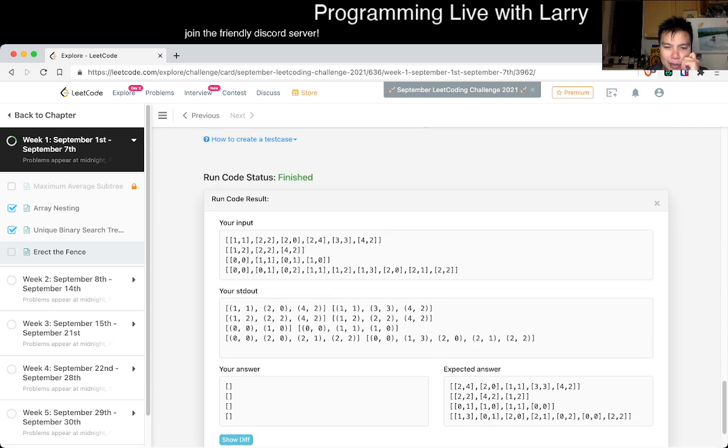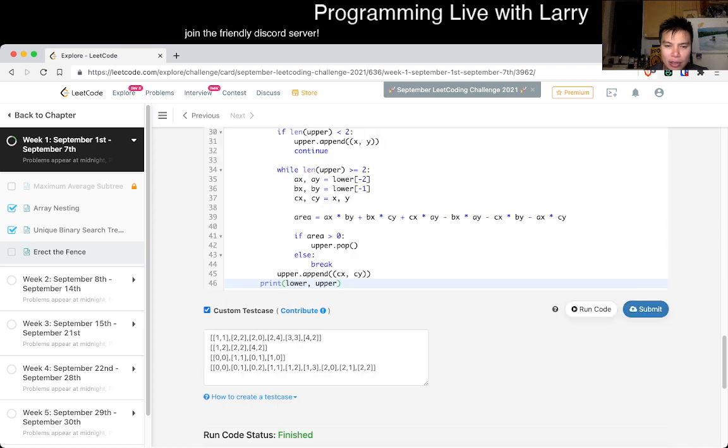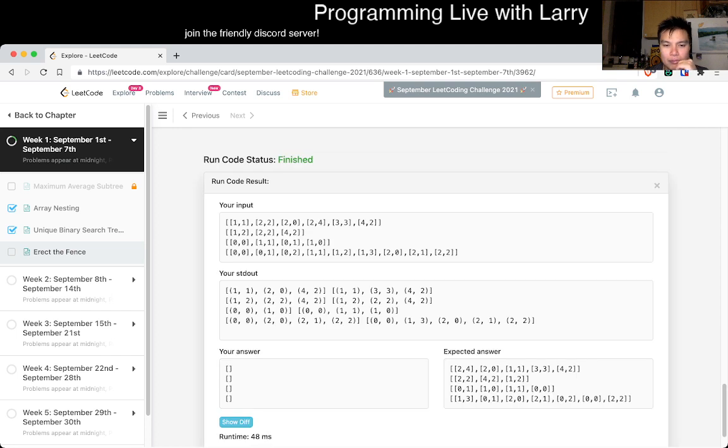Okay. So basically we need each one to have 5 points. So 0 0. Okay. Oh wait, did I do the upper first? No, I do the lower first. I'm sorting by X. So this is not doing, so 1 0 got eliminated.